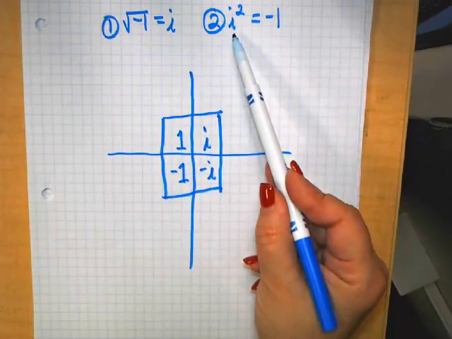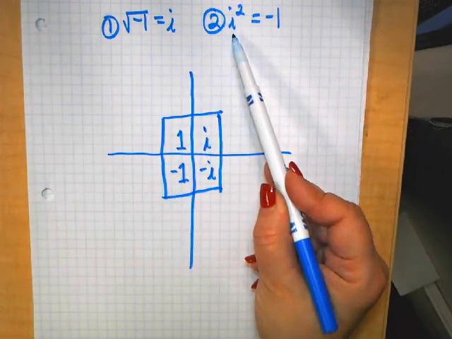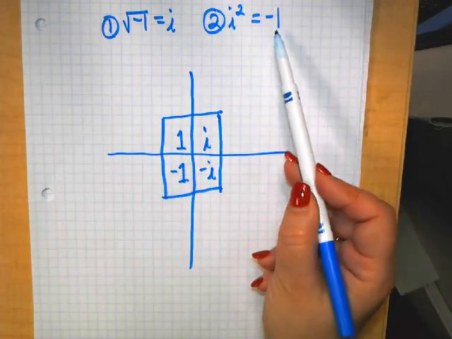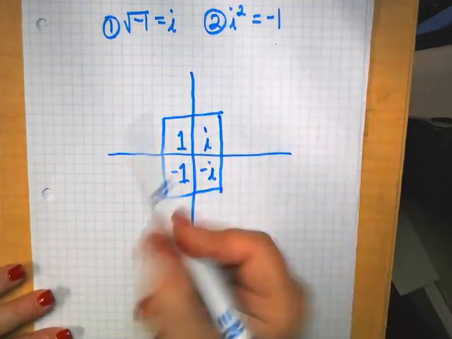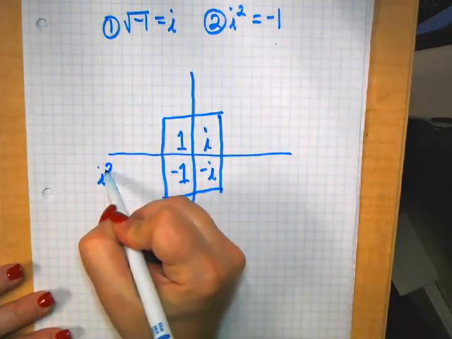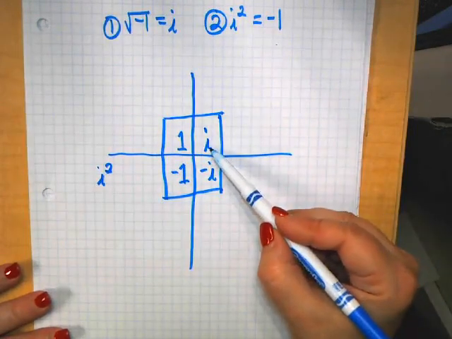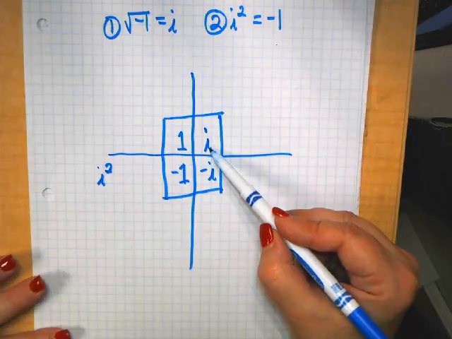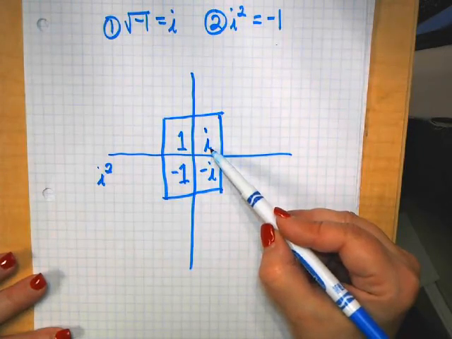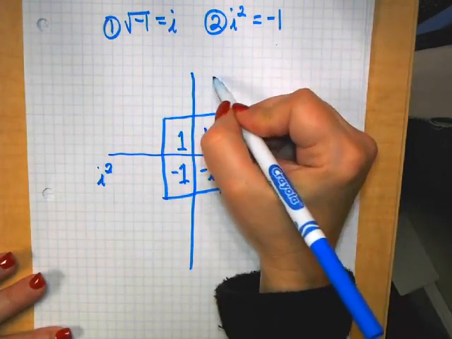We do know that according to fact number 2, the first time we get a -1 is when we raise i to the power of 2. Obviously, when we raise i to the first power, it's going to give us i.